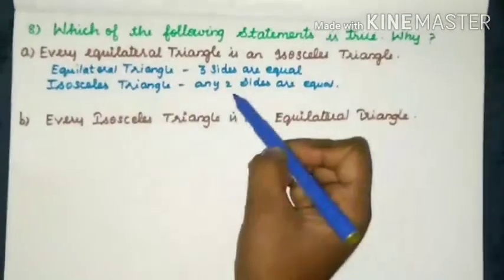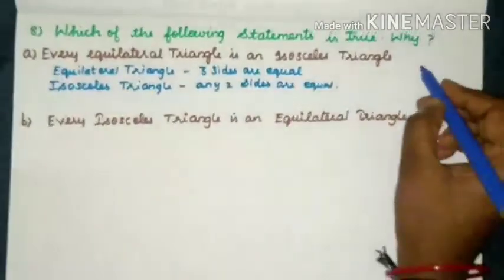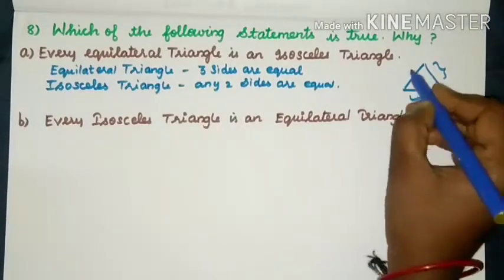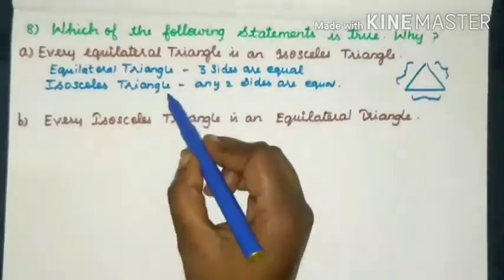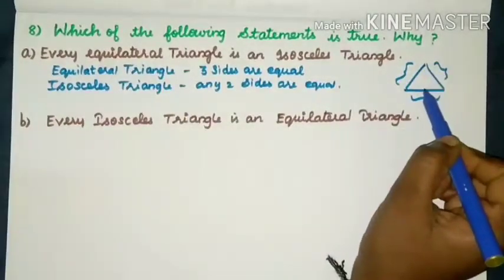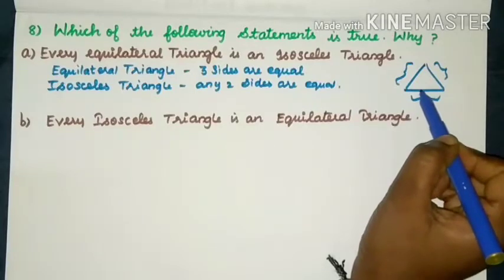So, it can be an isosceles triangle. In an equilateral triangle, all the three sides are equal. By the definition of isosceles triangle, any two sides are equal means it is isosceles triangle.